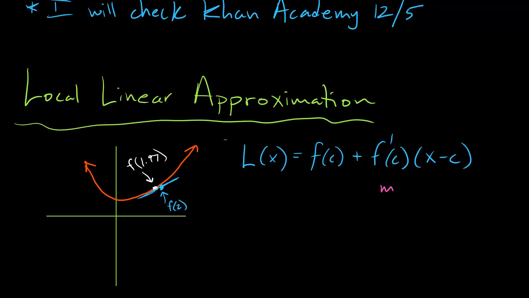So this is m times x minus x1, and this is y1. Because the normal point slope form is y minus y1, so if you add y1 to both sides of the equation, you would get what's written in pink. What's written in blue is function notation rather than algebra 2 notation, but it's the exact same information. It's basically an equation written to give you the y value if you have all of that other information.